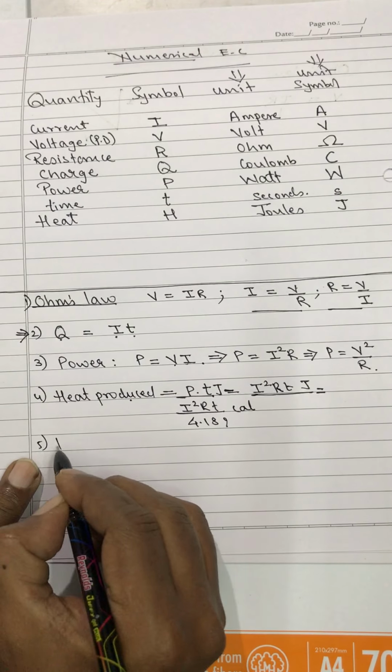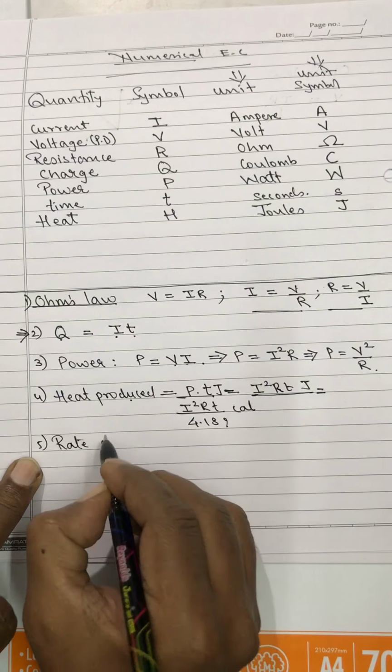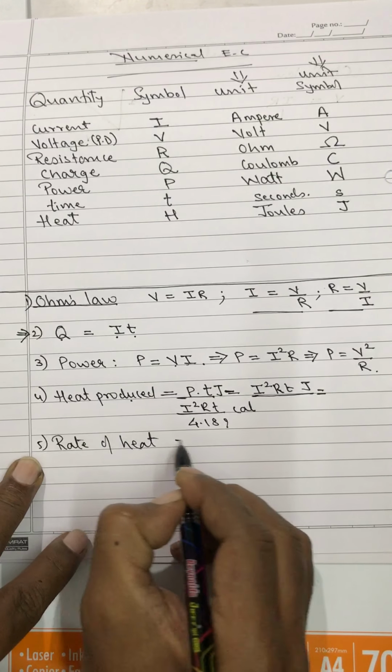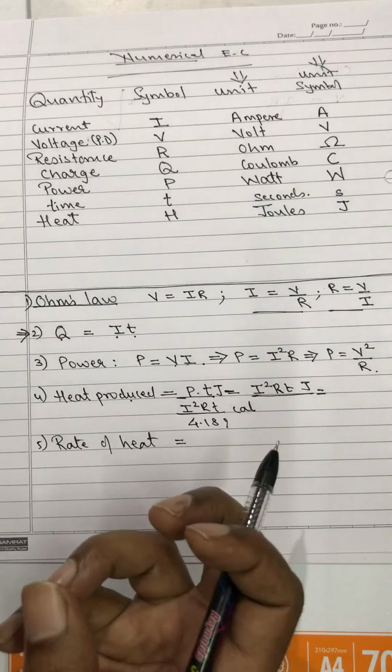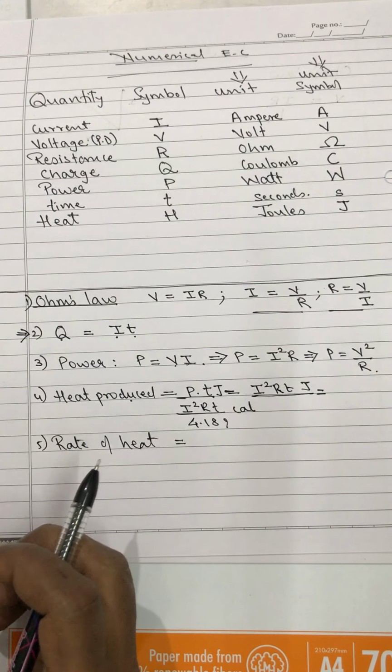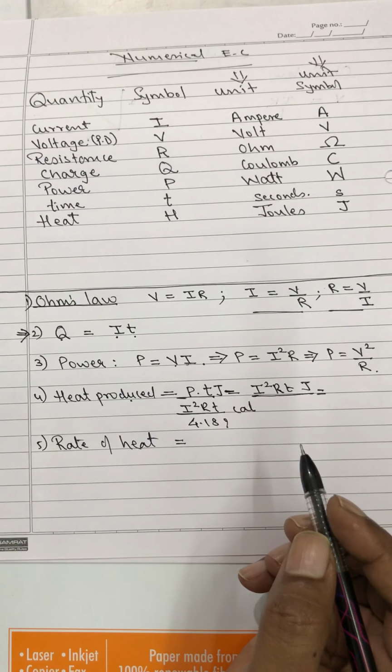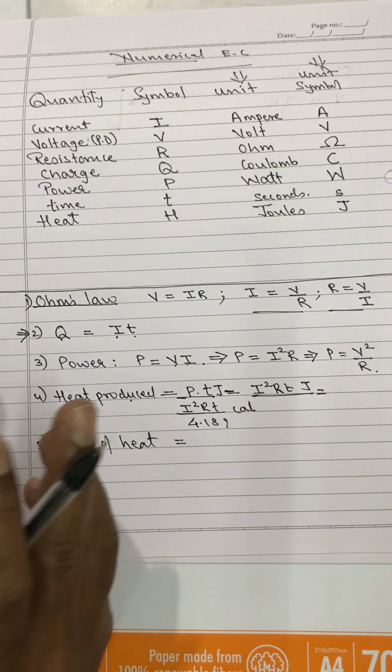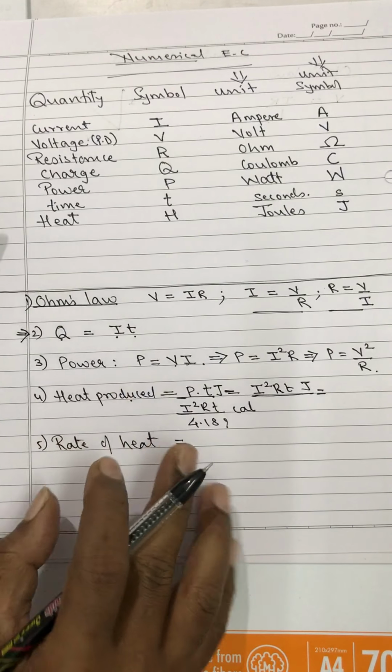One thing you have to understand: rate of heat means how fast the heat is produced. That will not depend on time at all. Why? See, basically rate is always dependent on something.